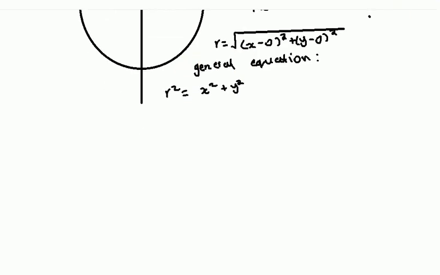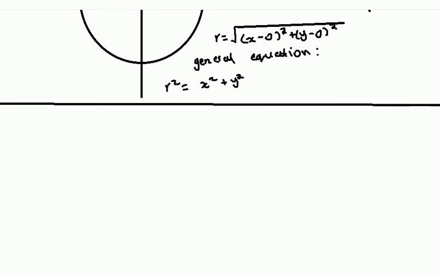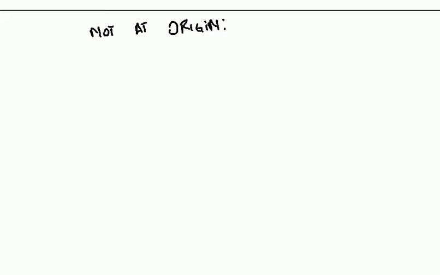So now that we are done with this, let's go to the one which is not centered at the origin. Underline it so that we can move on. So now we are going to the one which is not centered at the origin, so let's draw a Cartesian plane.